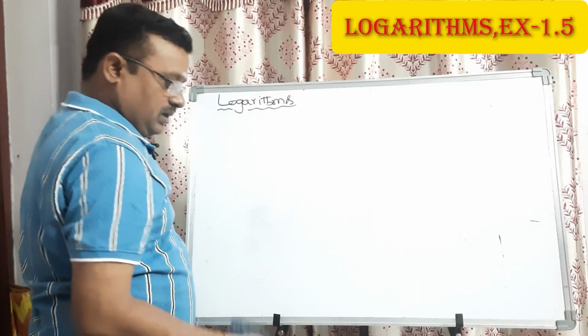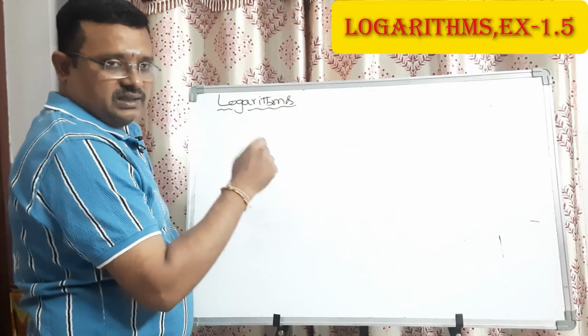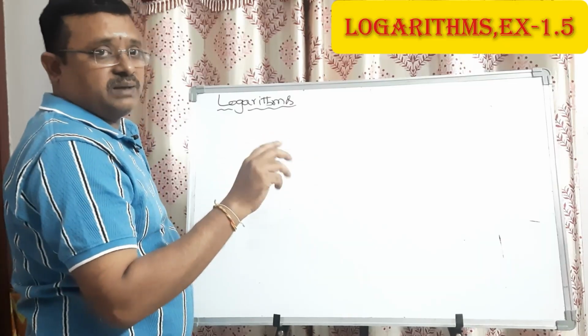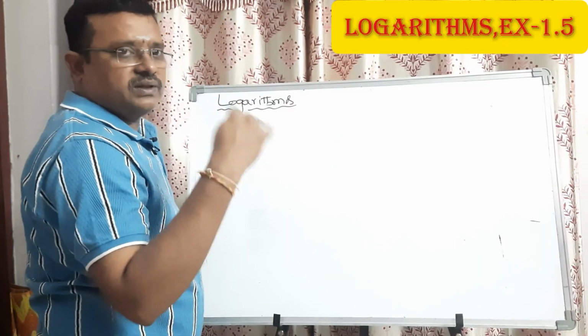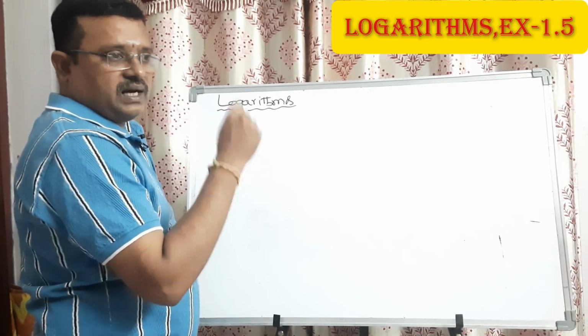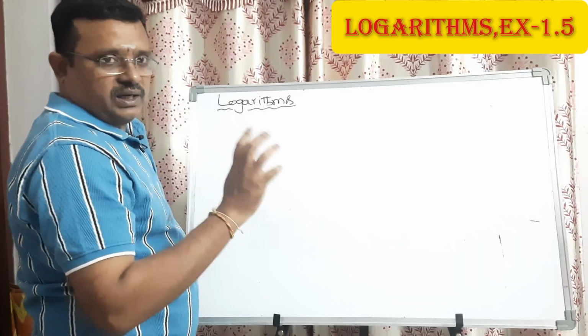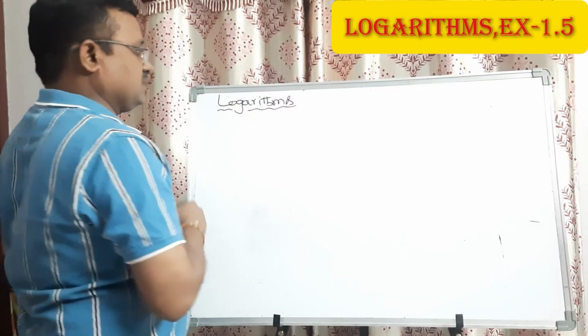Questions of type 5, 6, 7 are there in exercise 1.5, and such model questions can be asked for 4 marks or 6 marks. The 2025 March paper contained questions of the form 5, 6, 7. Okay? That much important is this exercise.